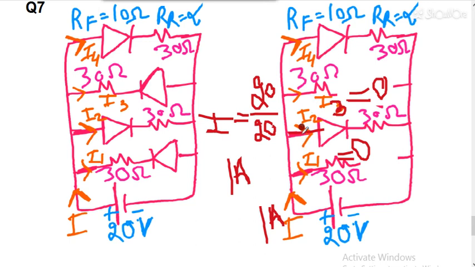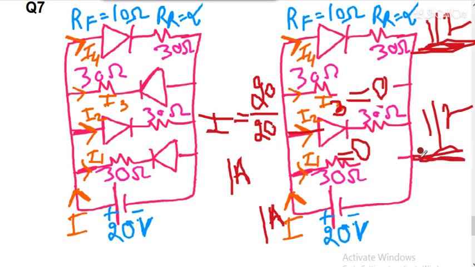The 1 ampere current is divided into I2 and I4 in the same amount because the resistances are equal. So 1 by 2 ampere will flow in this branch, and 1 by 2 will flow in this I2 branch. So I4 has the value 1 by 2, and I1 is equal to 0.